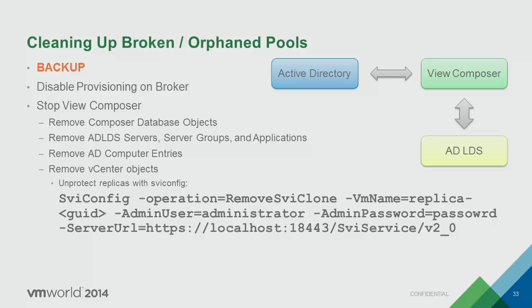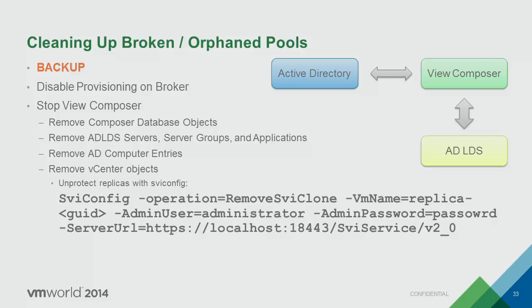We write several entries to our database of View Composer to keep track of that entry, as well as the UUID of the actual virtual machine in Virtual Center, and which replica is it pointing to, what data store is it using, maybe does it have a user data disk that's attached to it. We need to understand all those things. And then likewise, there's going to be an entry created in the ADLDS instance that's going to collate all this information into one entry that we reference from the View admin.